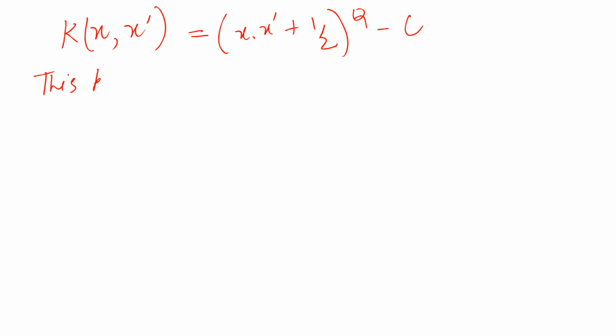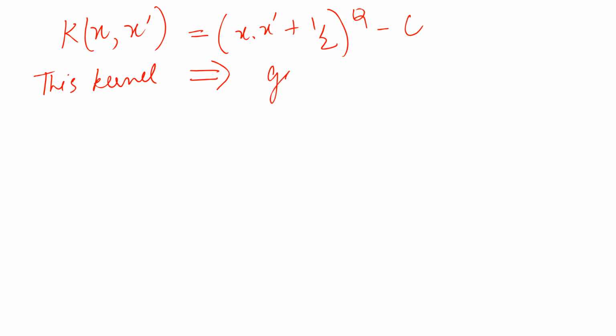So for any x prime, and as I said, a qth order polynomial transform, we have x dot x prime plus half to the power q minus some constant c, not necessarily 1/4, because of course it depends on the number of terms that are going to come up. The important point here is that this is my kernel. So this kernel is equivalent, I would say, to getting the dot product in the z space.